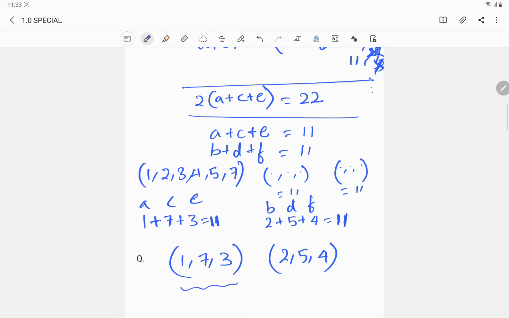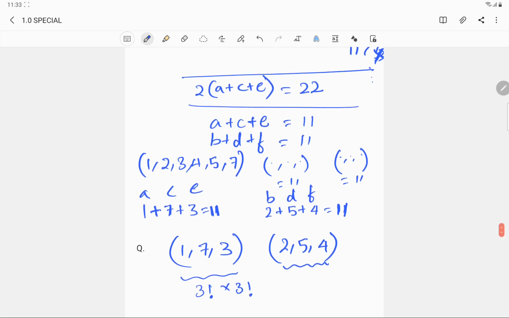So these three can arrange among themselves in 3 factorial ways. Similarly, these three can arrange among themselves in 3 factorial ways. Now the question does not end here.